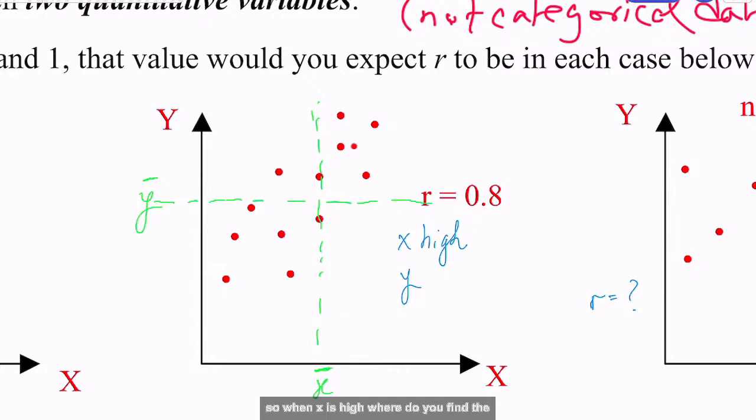So when X is high, where do you find the observations? Above or below Y bar? High or low?